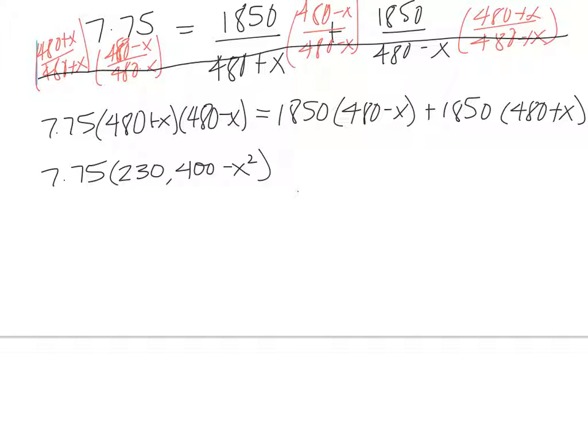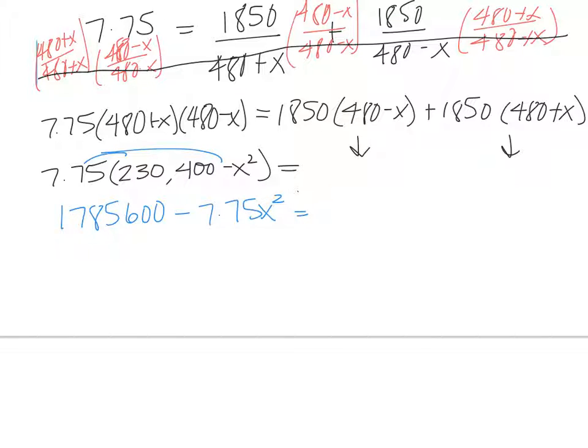Okay, and I'm not even going to write the next line, because now we're just going to go ahead and start multiplying. So we're going to distribute 7.75 to both those. 7.75 times 230,400 is going to give us 1,785,600 minus 7.75x squared.